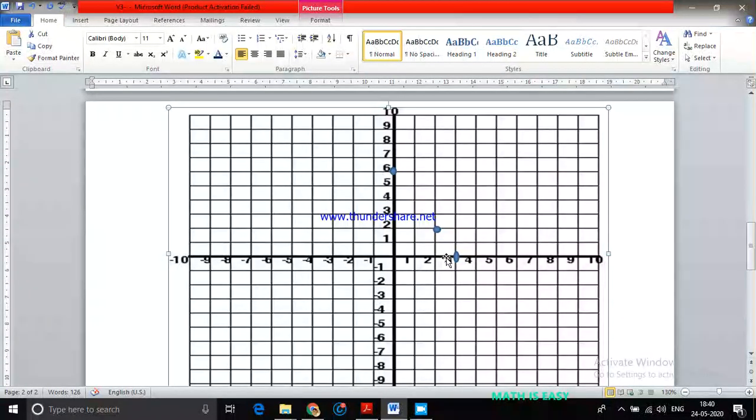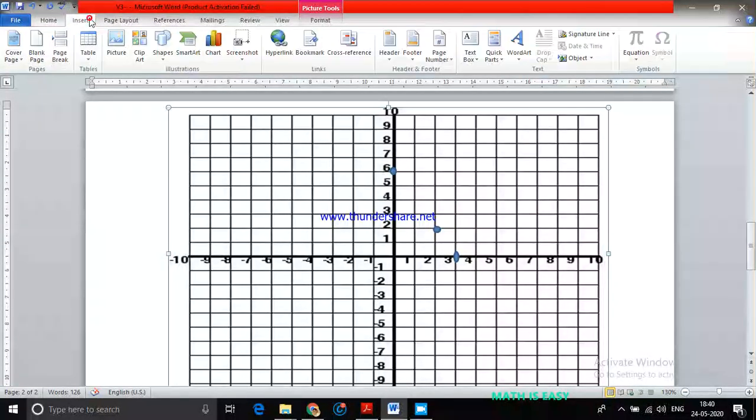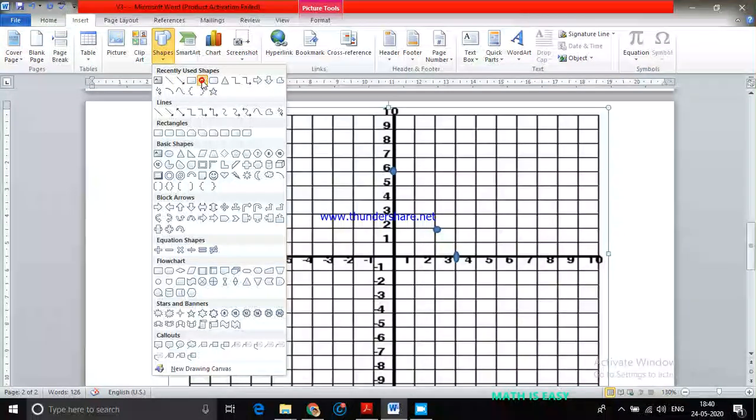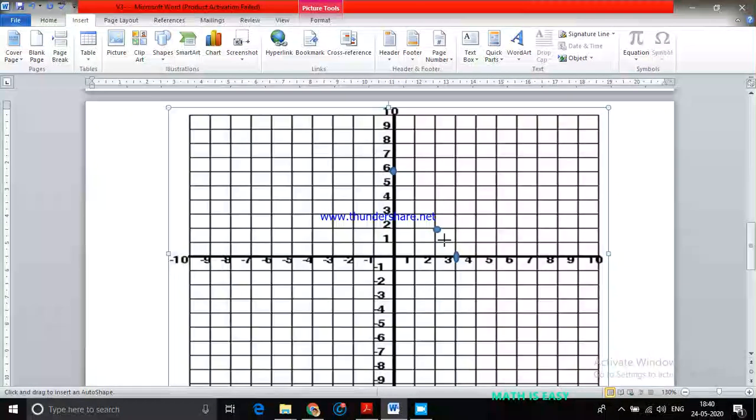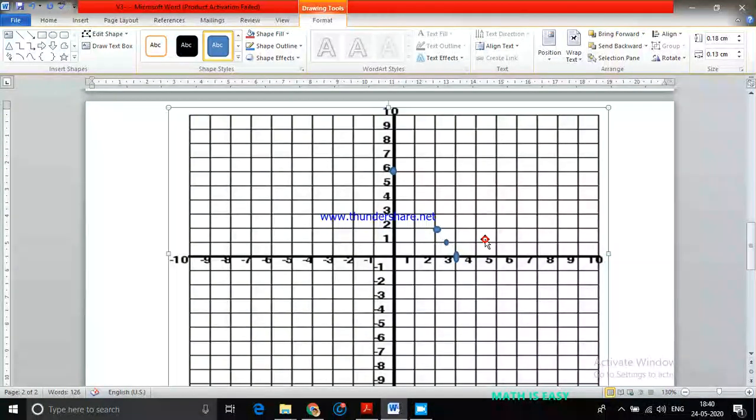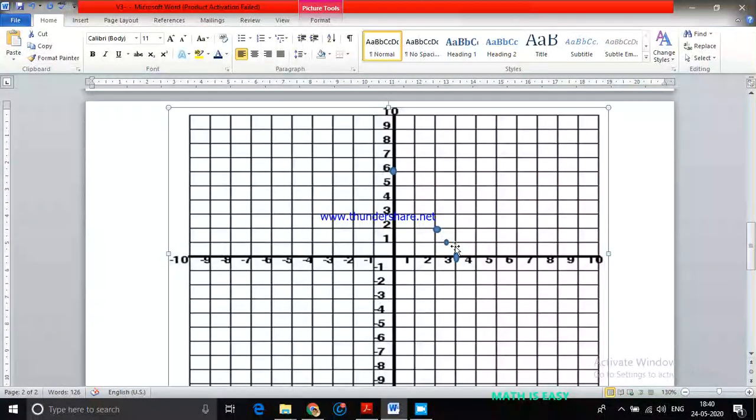X is 2.5 means it lies between 2 and 3. 2.5 is somewhere here. And 1 means it will come somewhere here. If you want to represent, let me show you where exactly it will come. 2.5 and 1. So this is the point 2.5, comma 1. Here I have written this small dotted one.